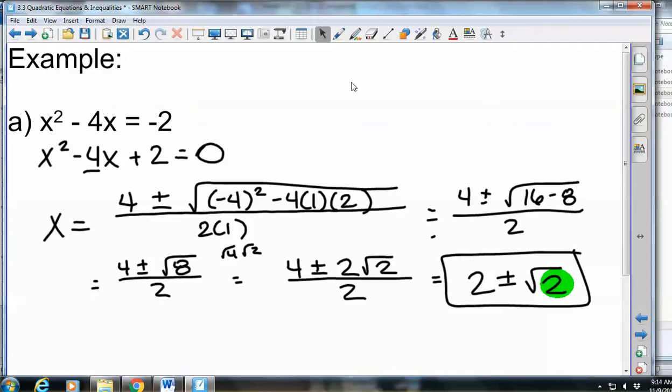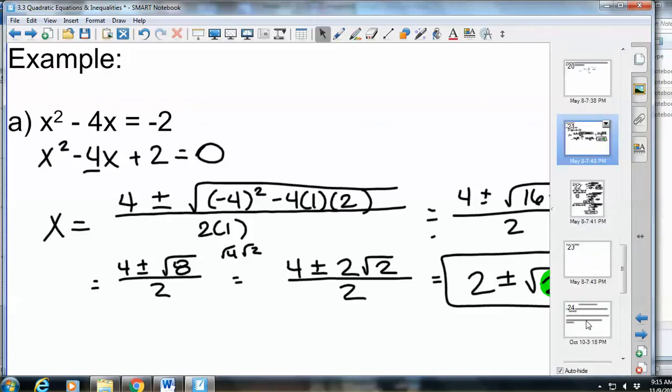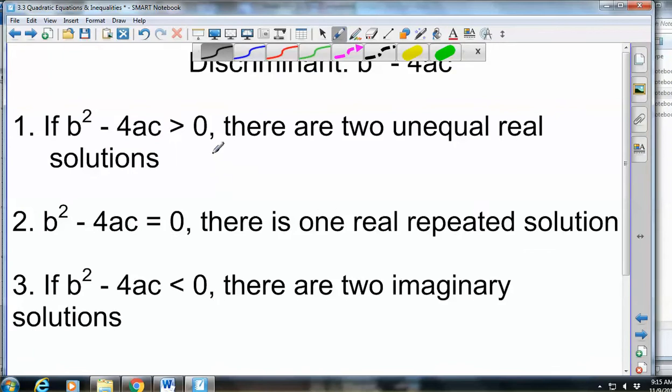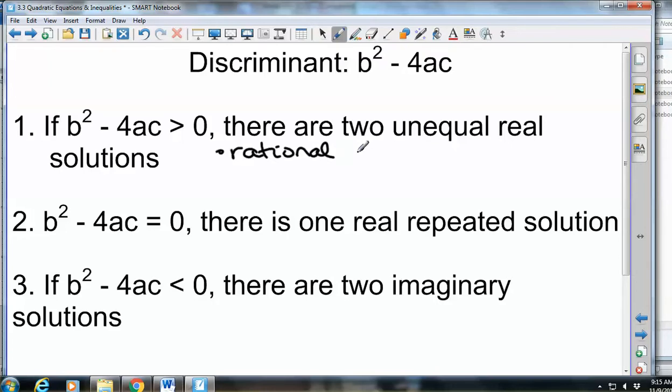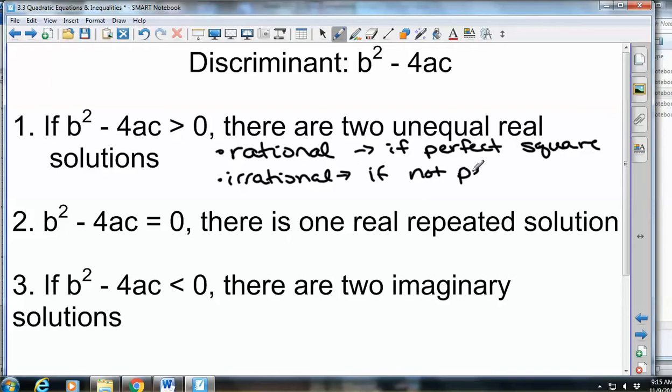The perfect square. So if I asked you to classify those solutions as rational or irrational, it'll be rational if it's a perfect square. It will be irrational if it's not a perfect square. So we can classify these things as real or imaginary, also rational and irrational, if you would be able to get rid of that radical altogether.